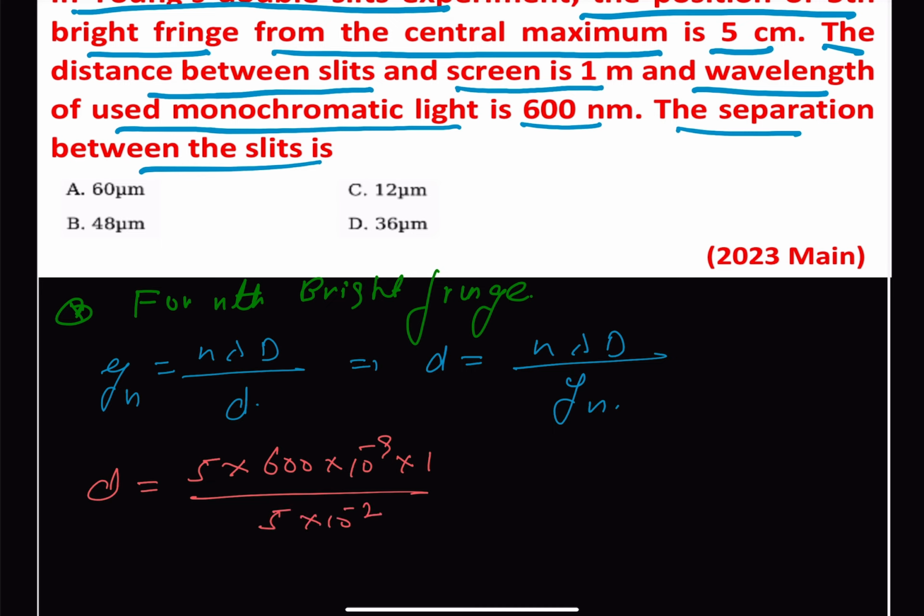and this will be coming close to 5 goes with 5, and this is 6, 10 to the power minus 7, or 600 into 10 to the power minus 7, or this can be equal to 60 micrometers.